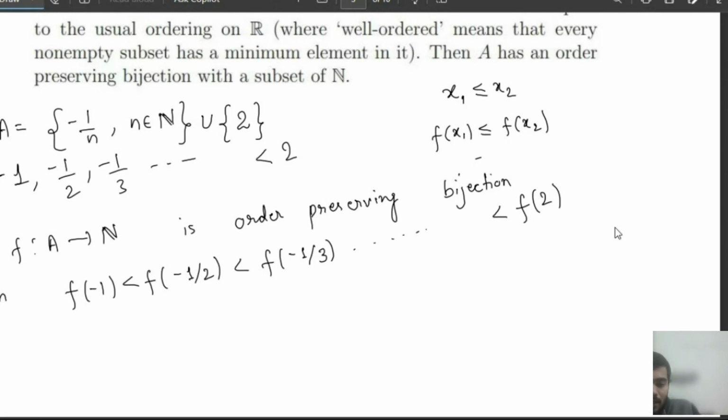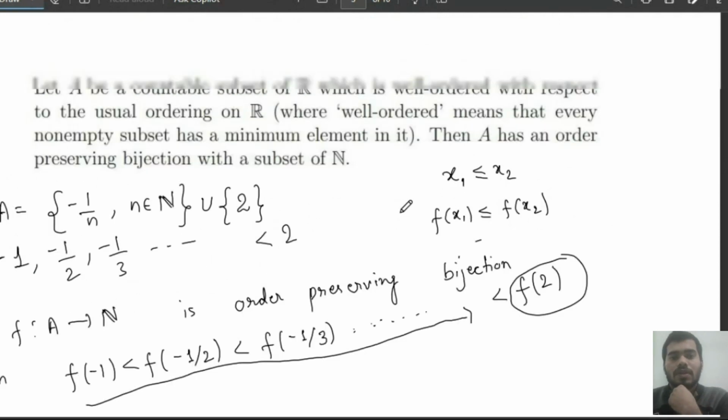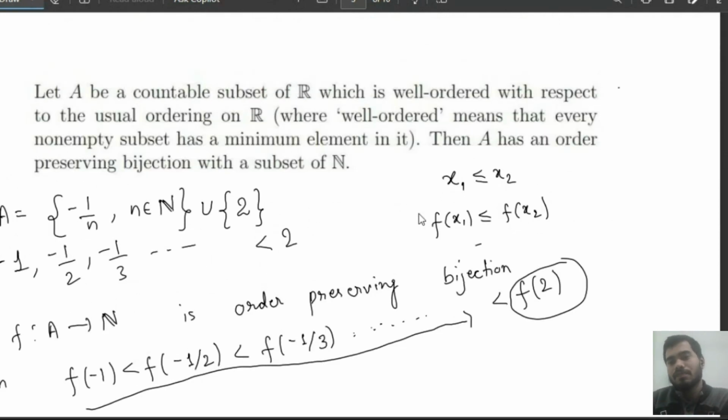So any function from A to N can never be an order preserving bijection, because this chain will go on, but it has to stop at this maximum element, which is not possible because N does not contain any maximum element. So this is false.